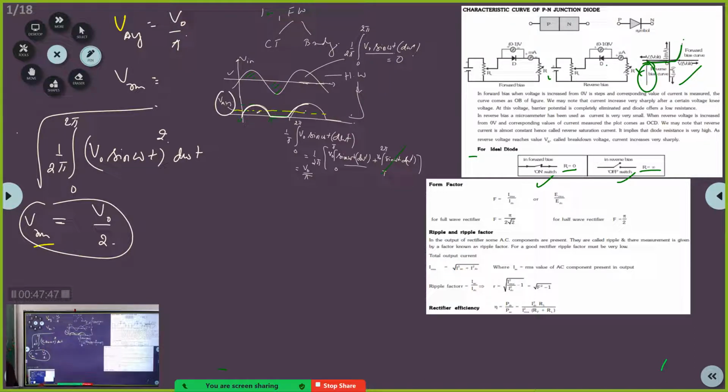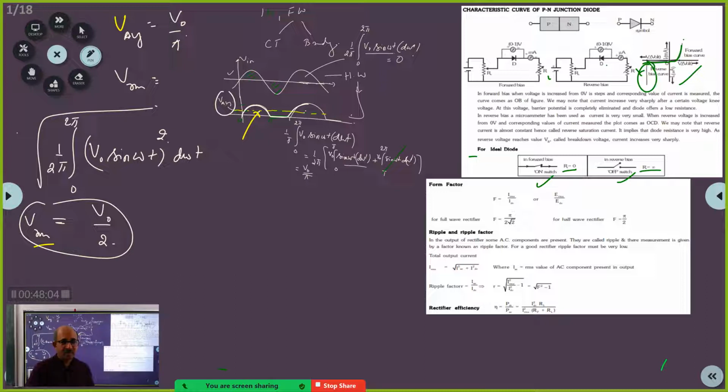Okay, now understand this very carefully. You are getting this output waveform. That is the output, reality.